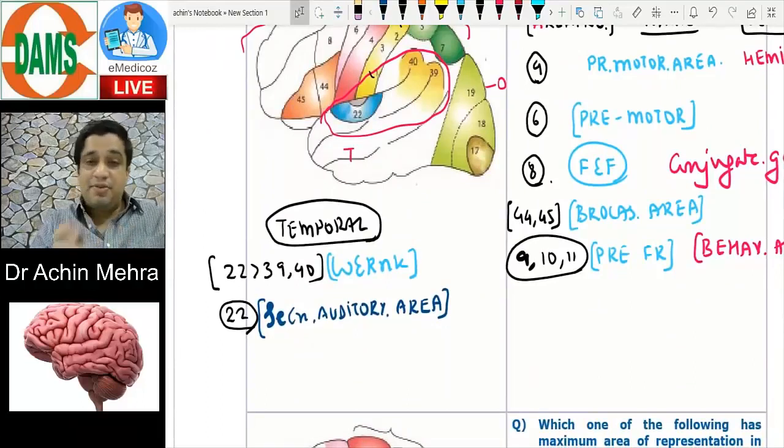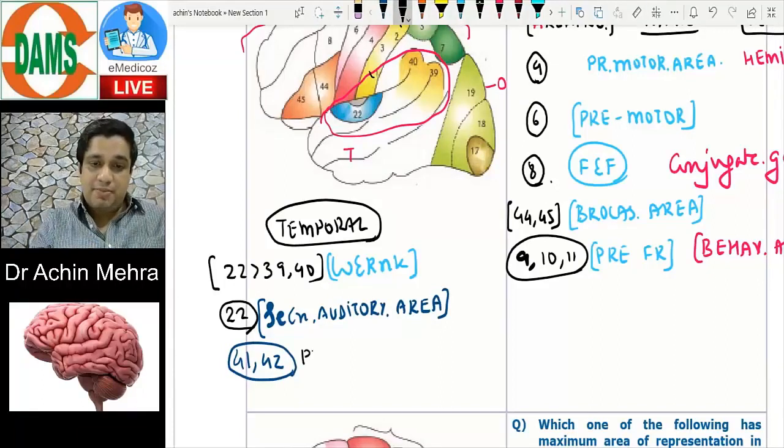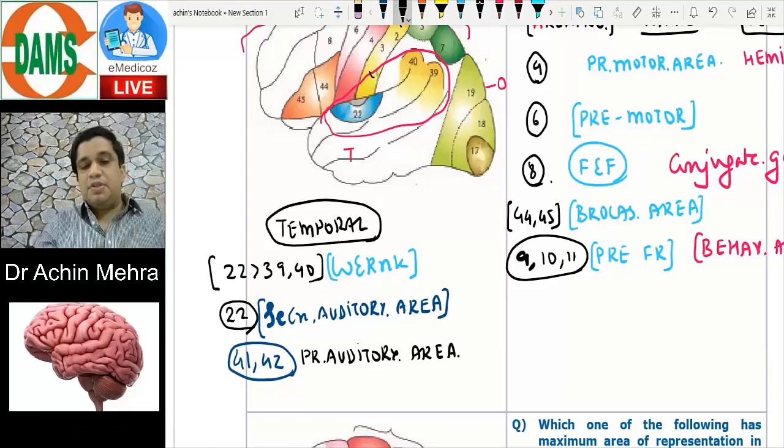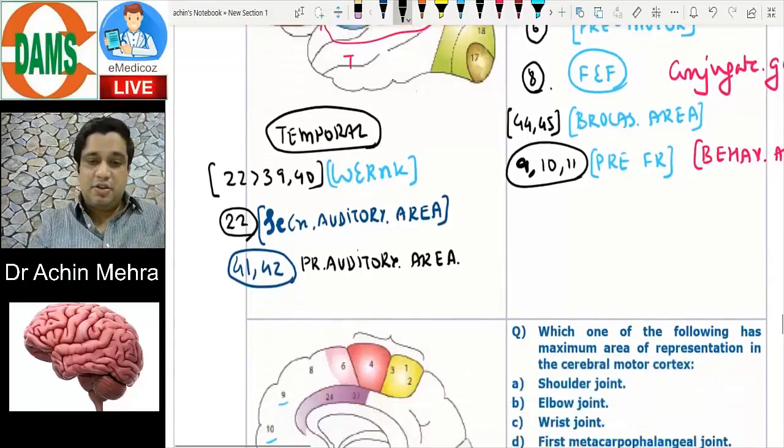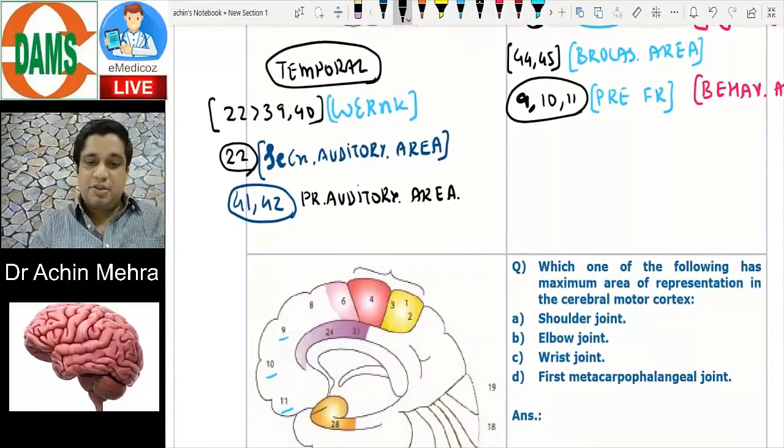The area number 41 and 42 is your primary auditory area. Another very important thing on the medial aspect you might see in the temporal lobe is 23 and 24. It can extend into the frontal part also.